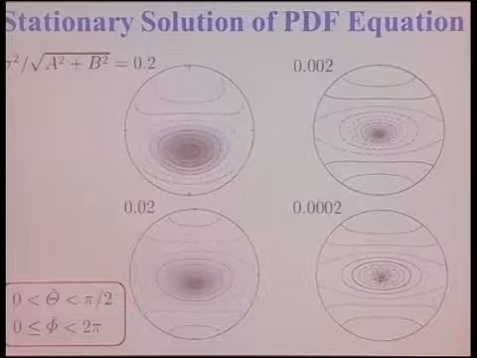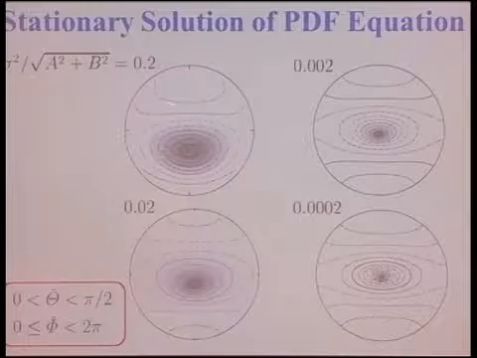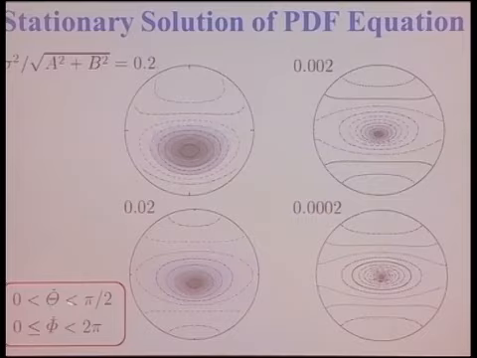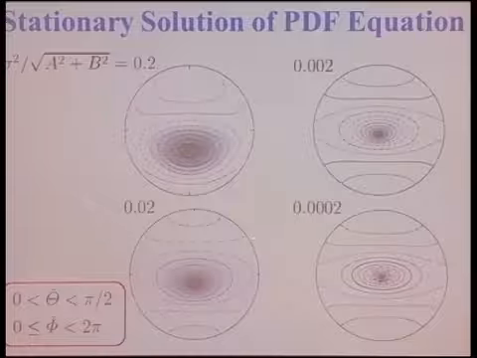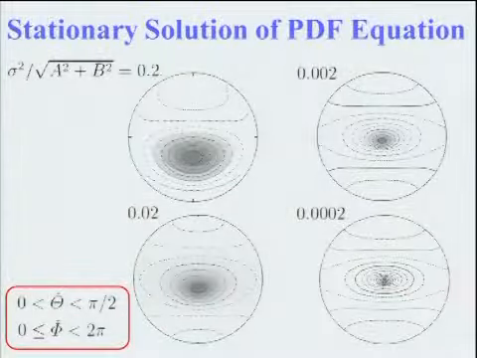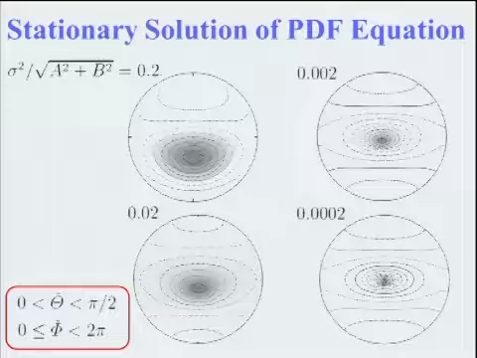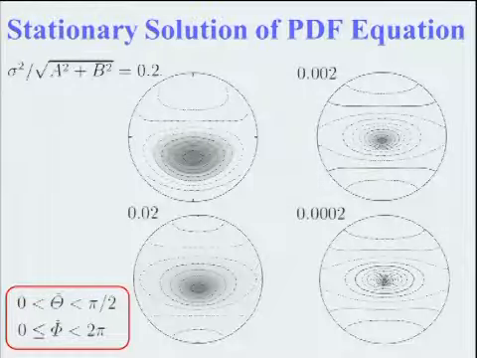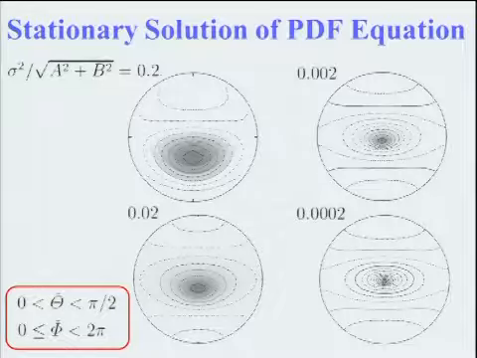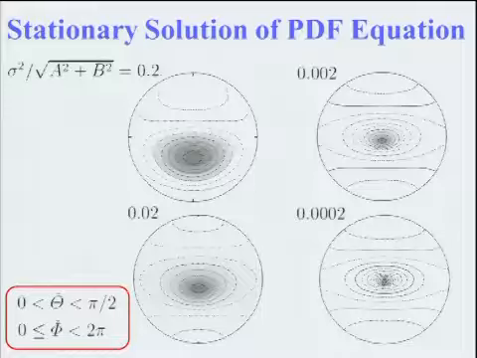Depending on the diffusion coefficient, theta is the radial axis and phi is the angular axis; this is the orientation space. If the diffusion coefficient becomes small, it shrinks to a point. So this is 0.02.